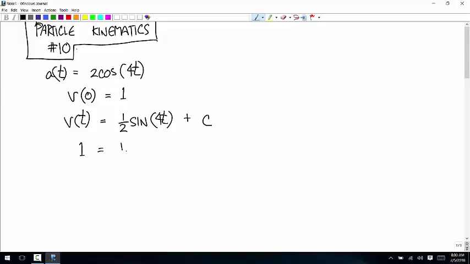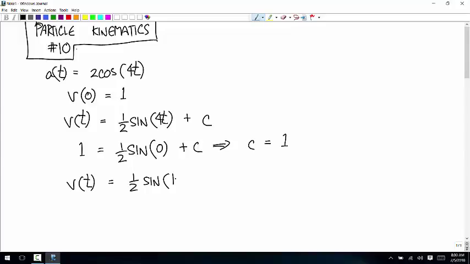So 1 is equal to 1/2 sine of 0 plus c. So c is equal to 1. And then it asks you questions.